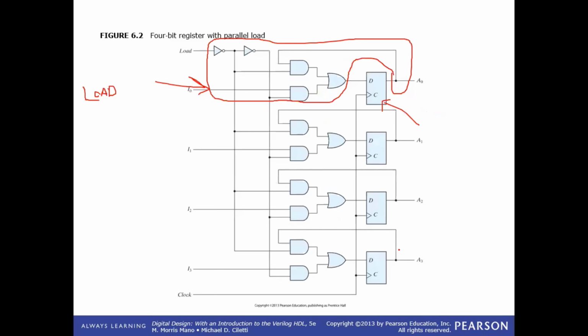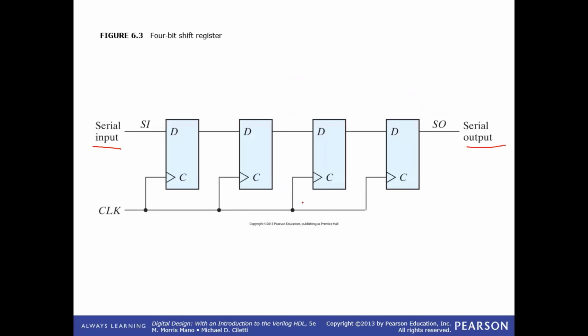So if you have a look at this diagram over here, we have a serial input Si and a serial output. If a data I0 was transferred over here, what would happen to that? At each positive edge of the clock, say here we had I0, here I had I1, here I had I2, and here I had I3.